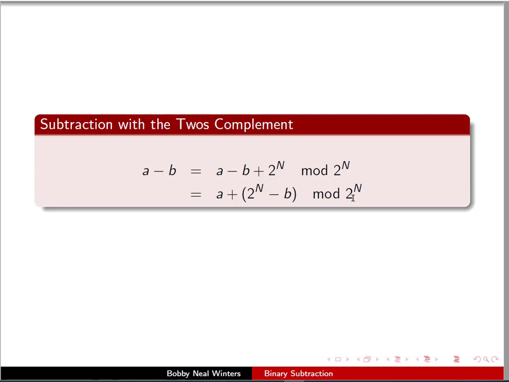Again, anything that goes beyond our n bits is pushed out of the picture. And so this gives us a very pretty way to do subtraction by doing addition, if we're willing to think modulo 2 to the nth power.